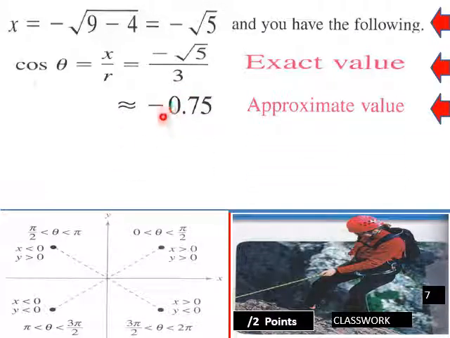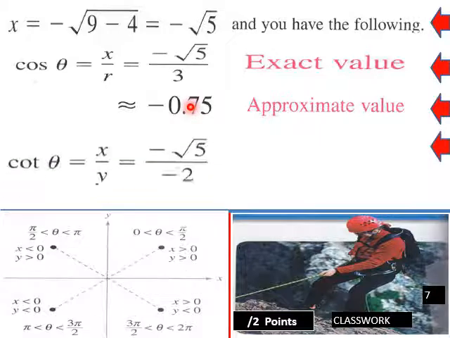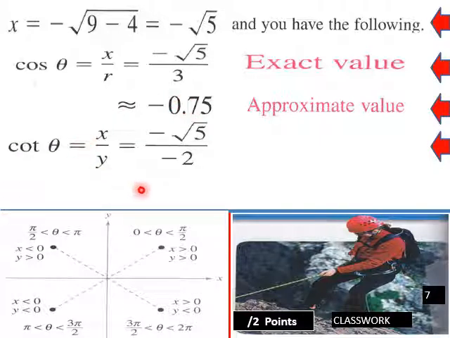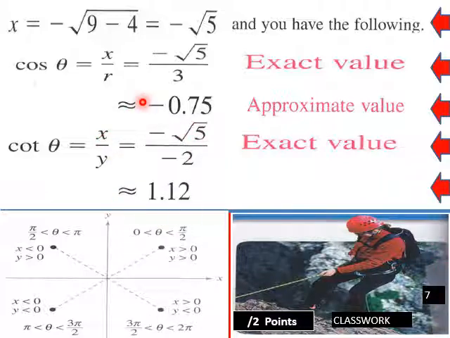That comes out to approximately negative 0.75. Cotan would be negative square root of 5 over negative 2, so that would be your x and y here. It would be radical 5 over 2, the exact value for cotan, which comes out to approximately 1.12 for your cotan.